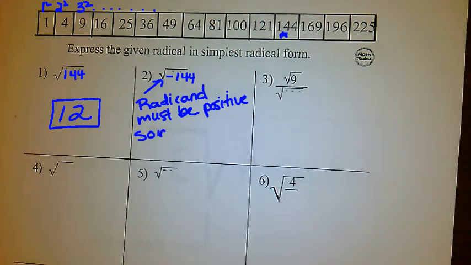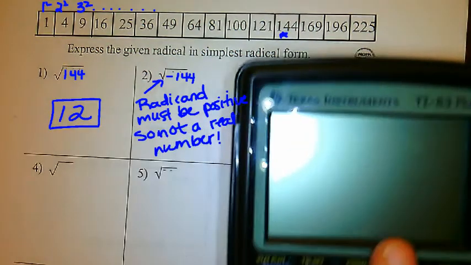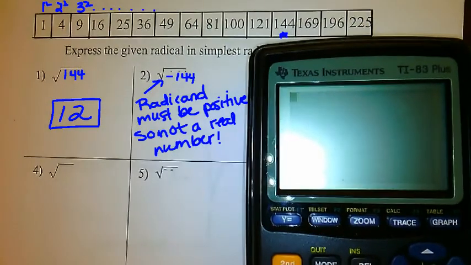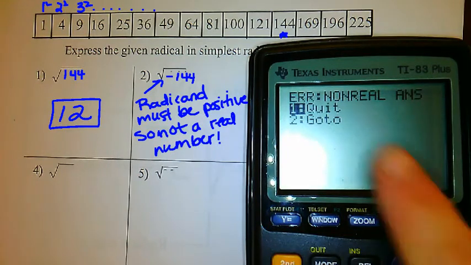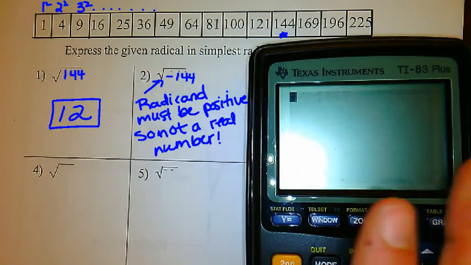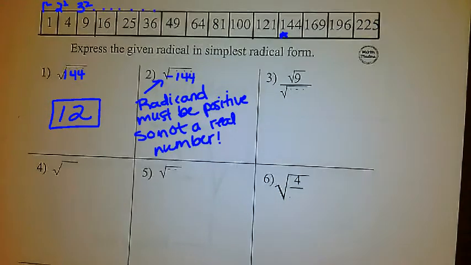So it's not a real number. If you were to put the square root of negative 144 in your calculator, you get a non-real answer. So again, always throw it in your calculator just to be sure.